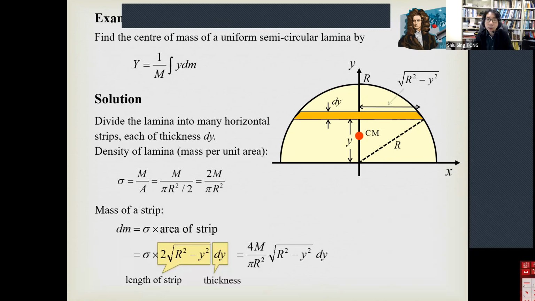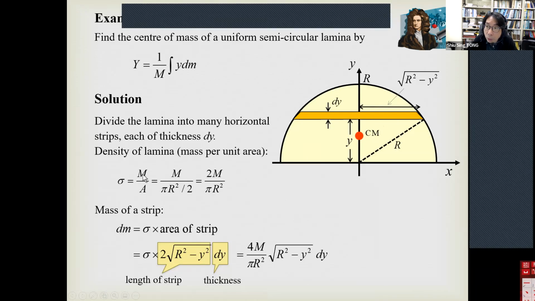Okay. Now let's calculate how much mass there is. What is the mass of the strip? We do it using the concept of density, because the lamina is uniform. The total mass of the semicircular lamina is m.